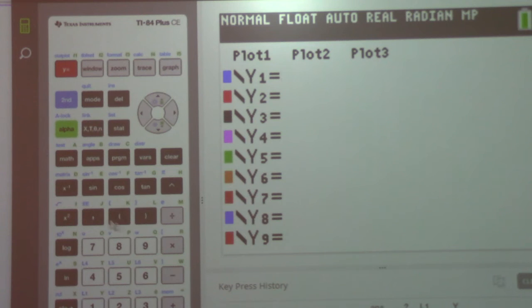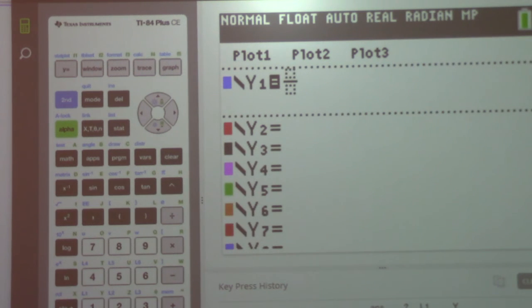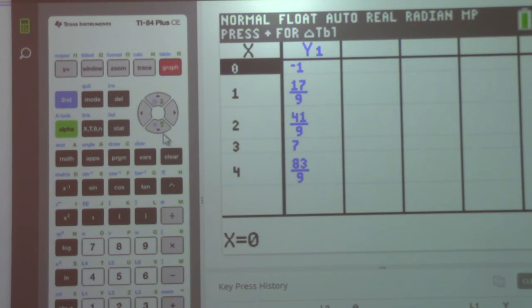Go to negative 1/9 x squared plus 3x minus 1. And when you graph it, you're not going to be able to see very much here, but you can go to your table view and make sure everything is as it should be.